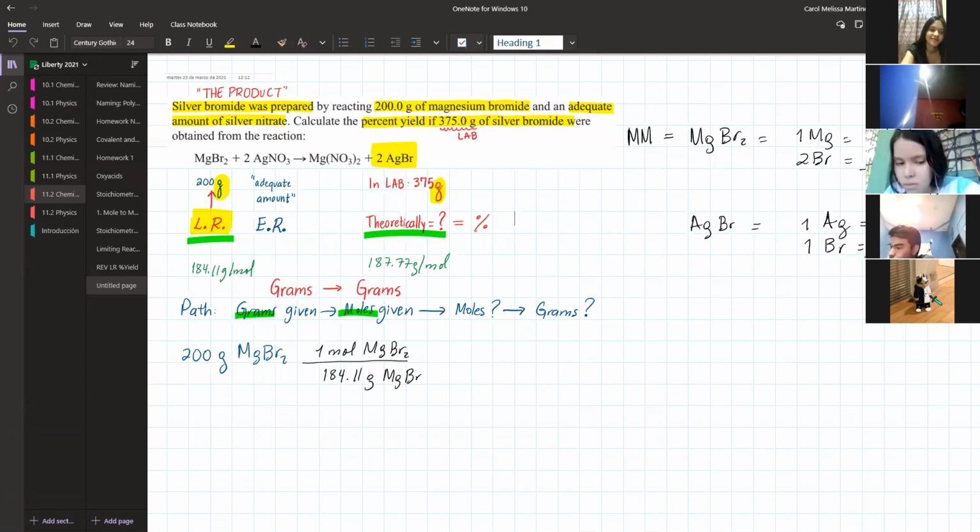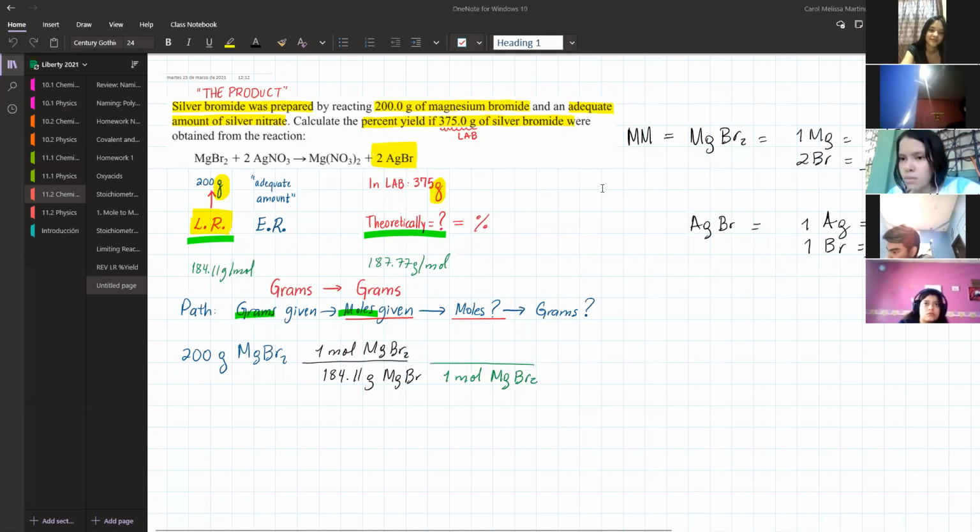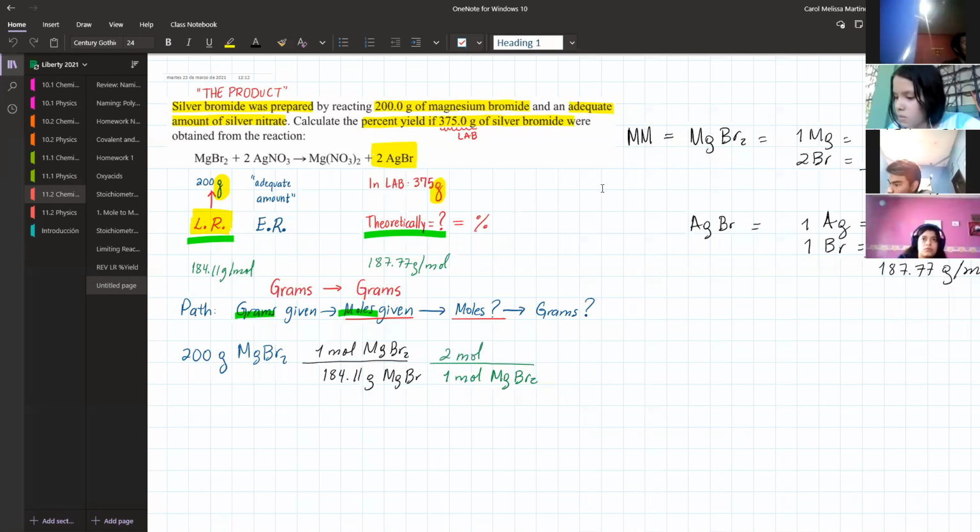Then from moles given to moles unknown, you need to use molar ratios. What's the molar ratio between the two substances? How many moles of magnesium bromide? 1 mole of magnesium bromide. How many moles of silver bromide? 2 moles of silver bromide.